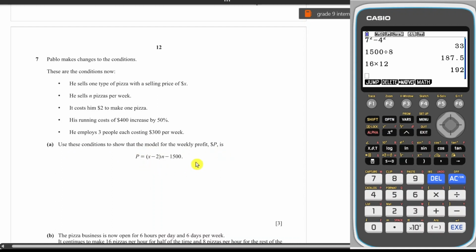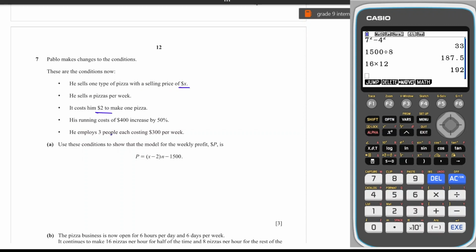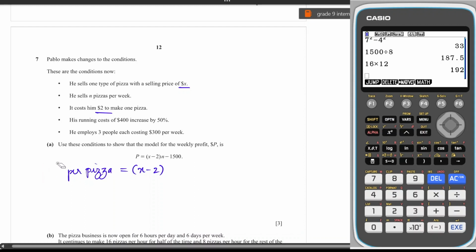Okay, so again we have to first calculate the costs and what his profit is per pizza. So he sells at X and it costs him $2. So my profit per pizza is X minus $2. It's not exactly the profit, I won't call it that really, so what he earns per pizza.